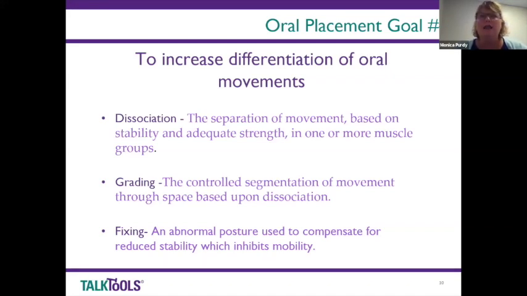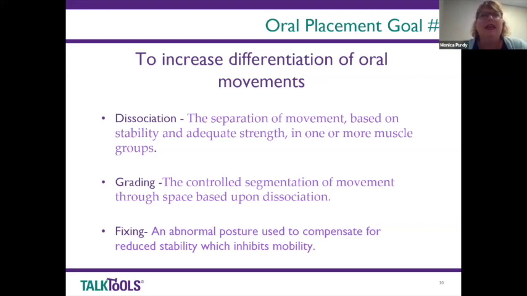So I like to think of it more as a reaction, because when you think of something as a reaction, you take away the emotional component and you're able to look at that person unbiased, okay? For us as oral placement therapists, we're like detectives.